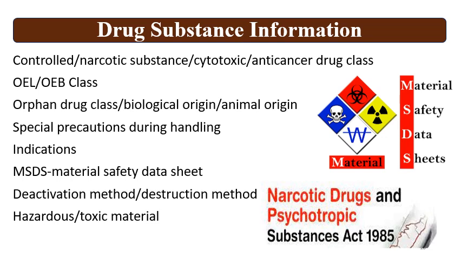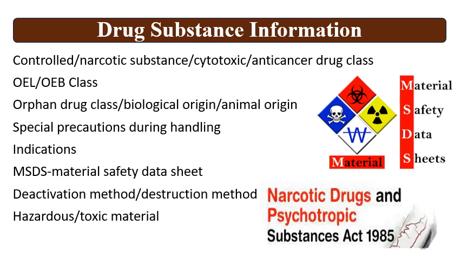Then whether it is an orphan drug or the drug is of biological origin or animal origin, that is to be described, and always taken into consideration. Then special precautions during handling. Sometimes the materials are very fluffy in nature, or sometimes micronized, sometimes toxic.